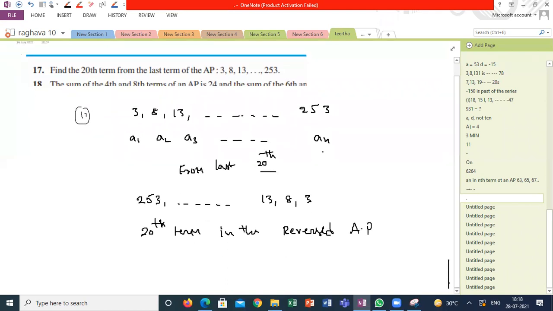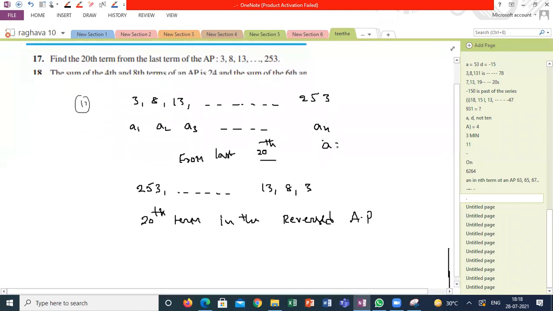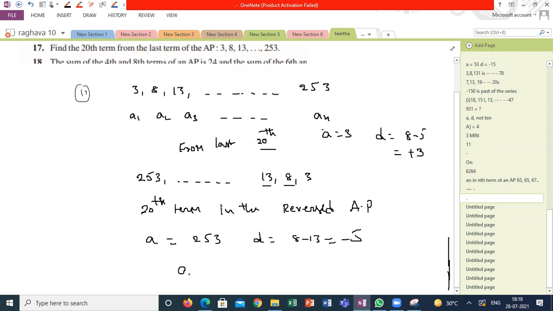In the original series my A is 3, D is 8 minus 5, that is plus 5. Here in the reversed series my A is 253, my D is 8 minus 13, because I can take these two numbers, that is minus 5. So calculate the A20 for this reversed series. How much are you getting?